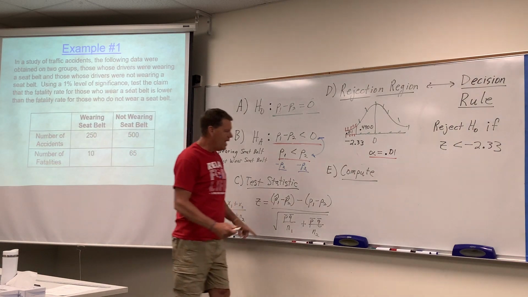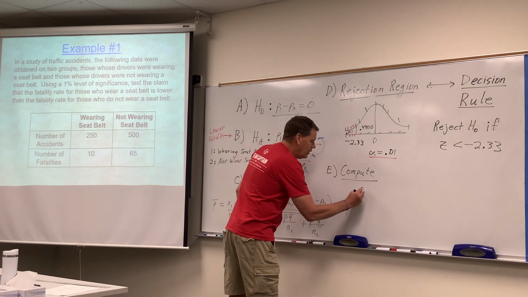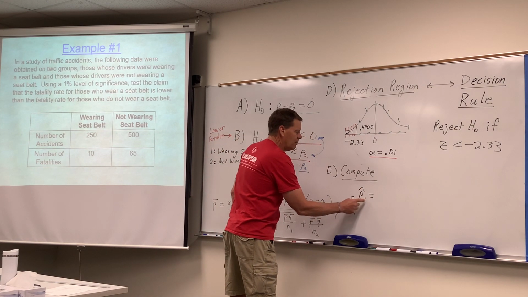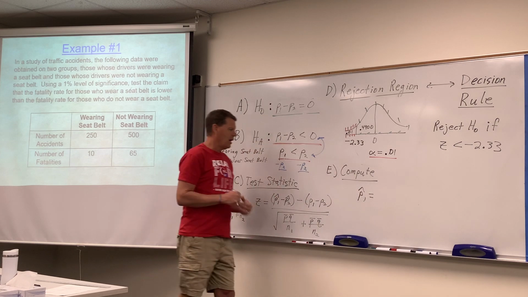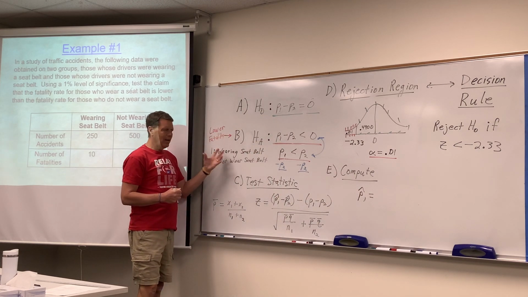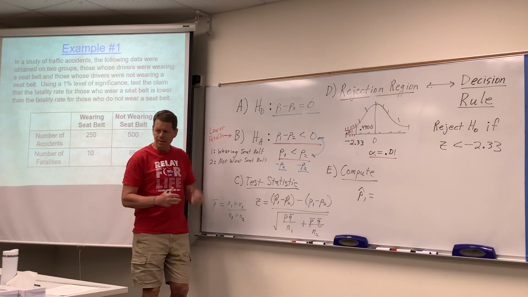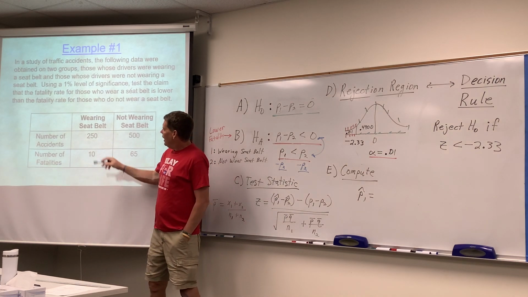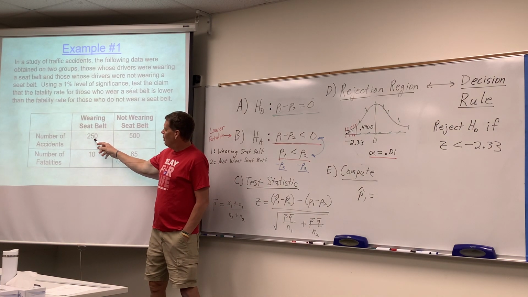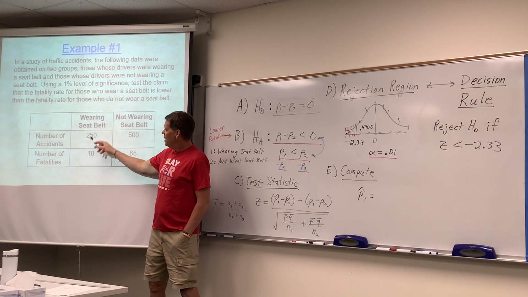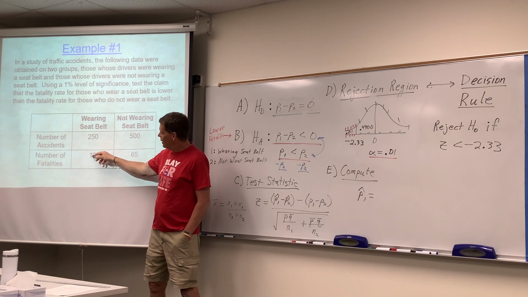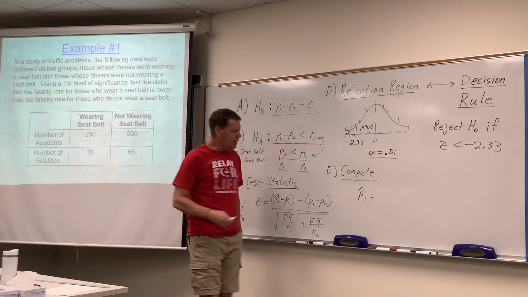Let's start right here. P hat 1, wouldn't that be the fatality rate in our sample of people who wore seatbelts? I'll remind you, 1 is the wearing seatbelt group of people. So in 250 accidents involved where people wore a seatbelt, 10 of them resulted in a fatality. That's 10 divided by 250.